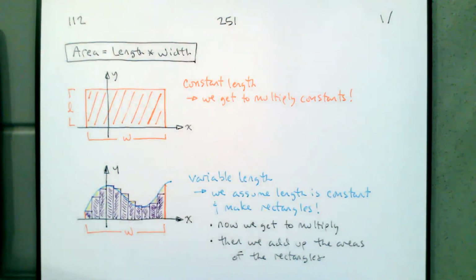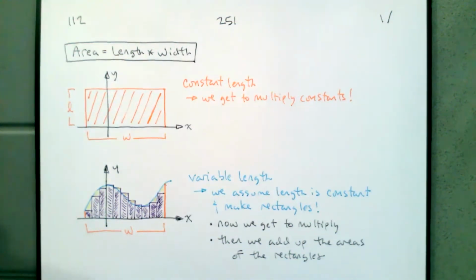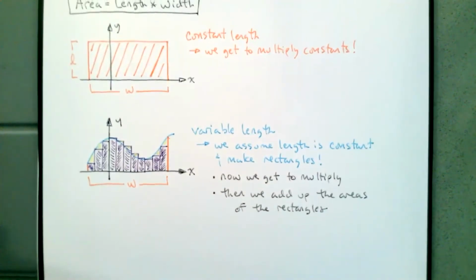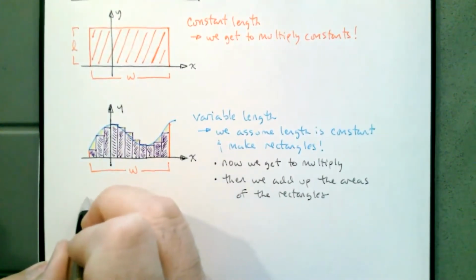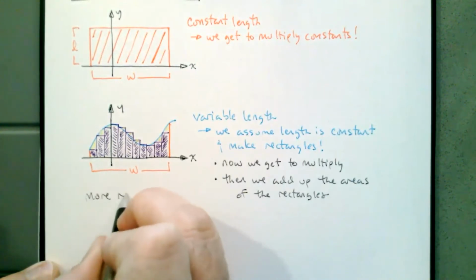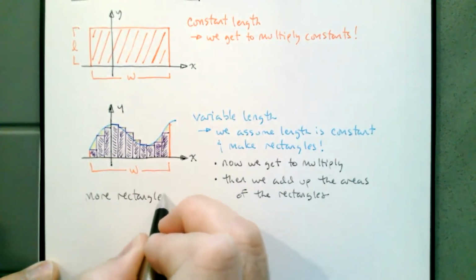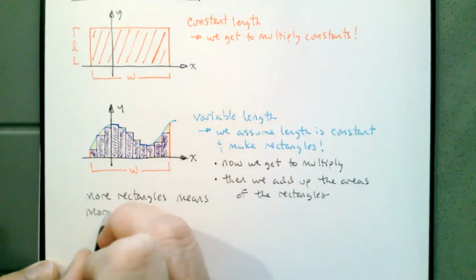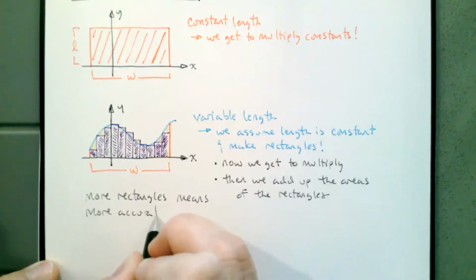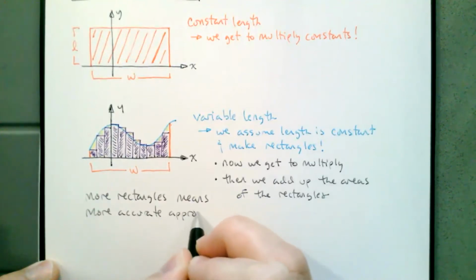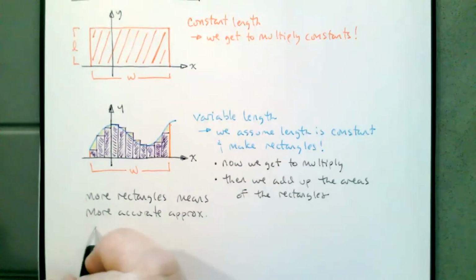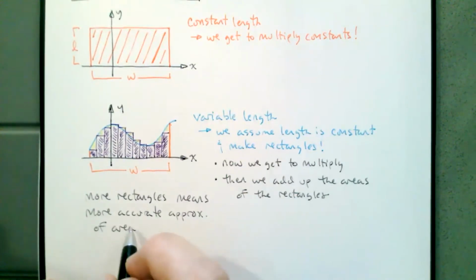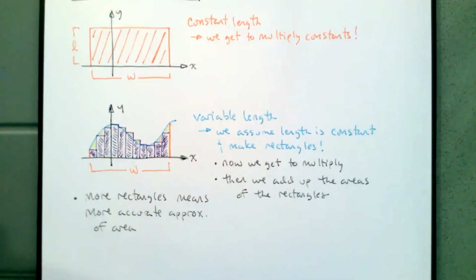We know that more rectangles means a more accurate approximation of the area.